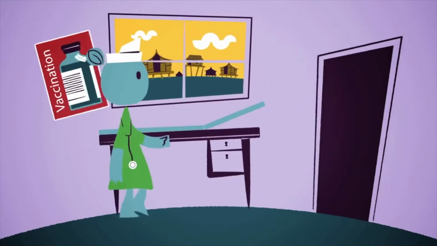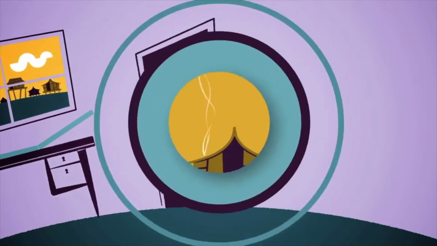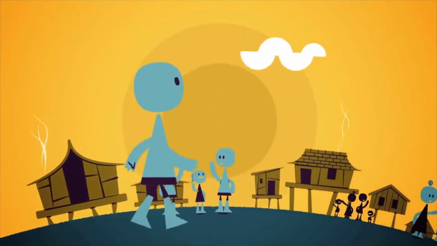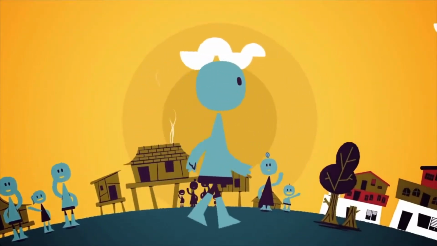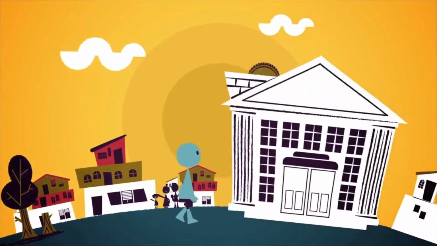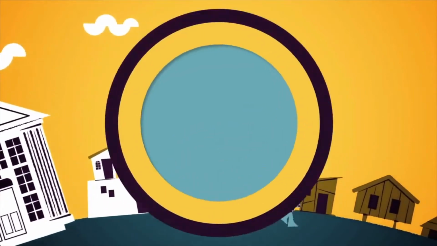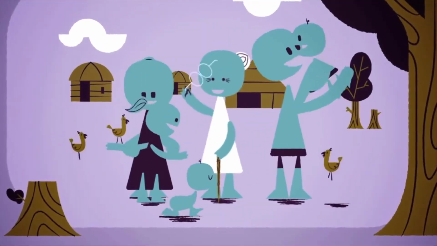Because I've done better at school, I have more opportunities. Earning money means I can help my family. As I work longer, I can also save for my future. I can think about starting my own family and helping to build a community.